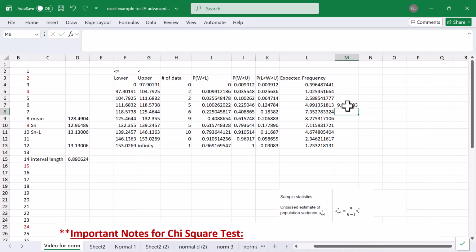You got this 9. It's greater than 5. This data is good. This data is good. This data is good. We need to combine these 3 together. So put equal sign. Add these 3.